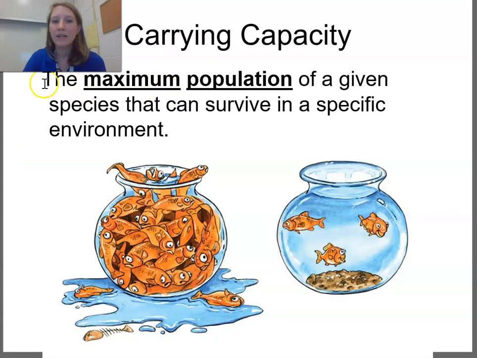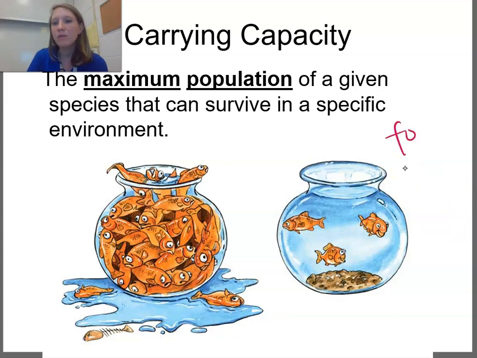Carrying capacity is the maximum population of a given species that can survive in a specific environment. If we look at this example of our goldfish, the carrying capacity is probably like 3 goldfish in one bowl, because they have things that they need.